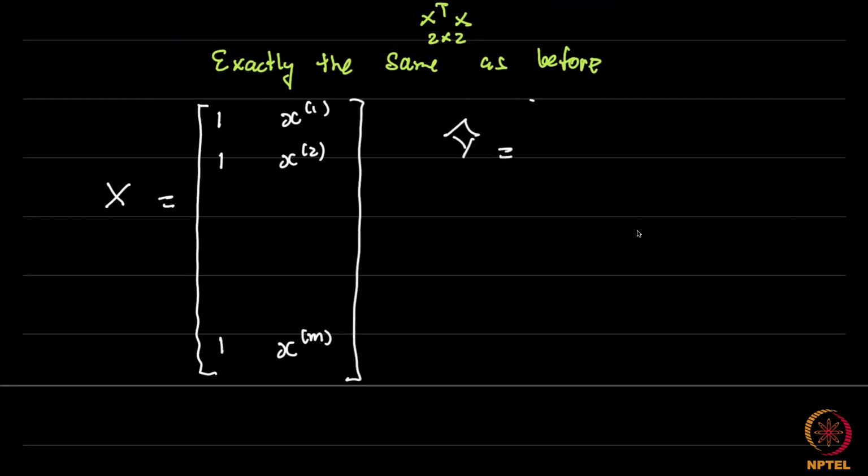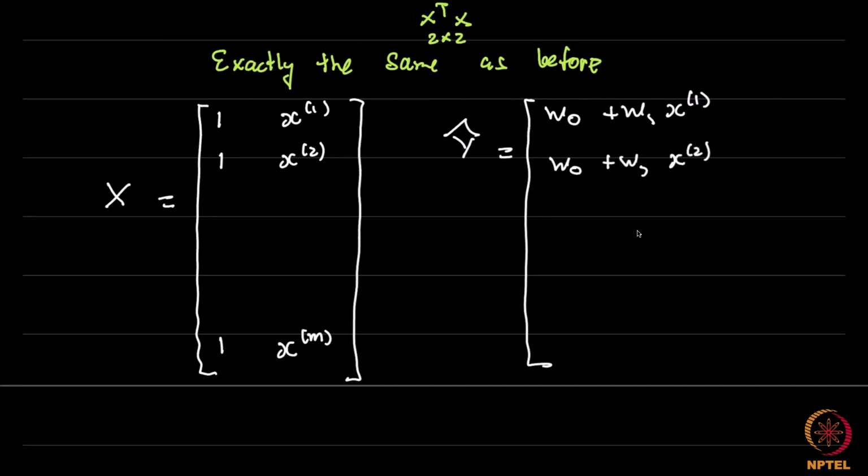Y hat, as you know, was w0 plus w1 x1. This is our model. w0 plus w1 x2, w0 plus w1 xm. This is w1, should not look like w2.